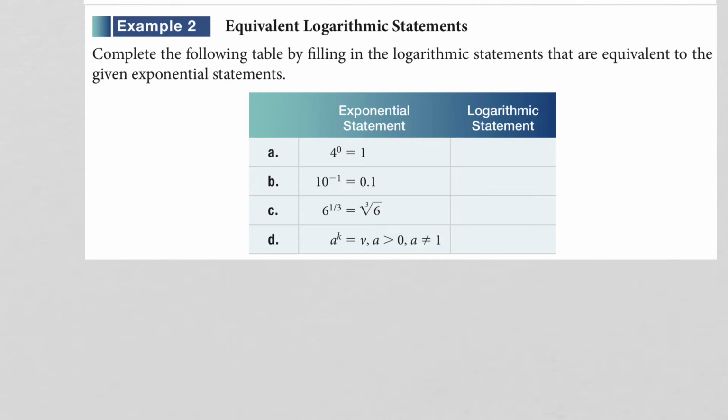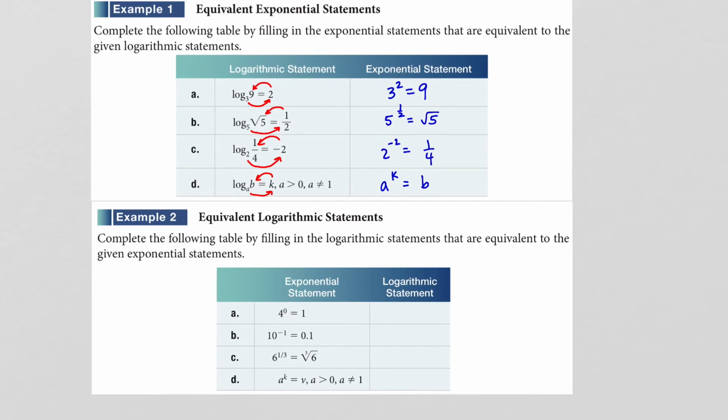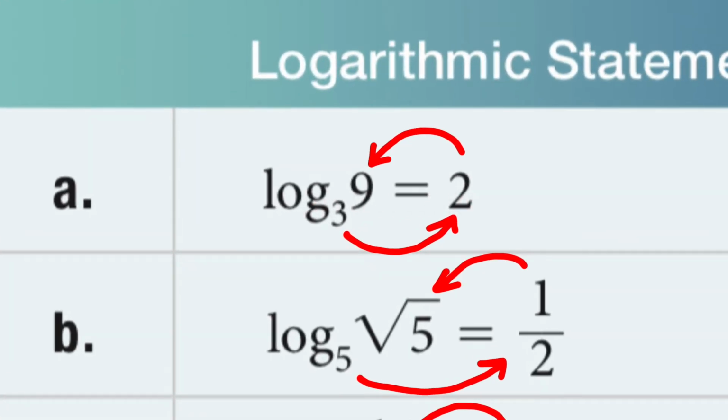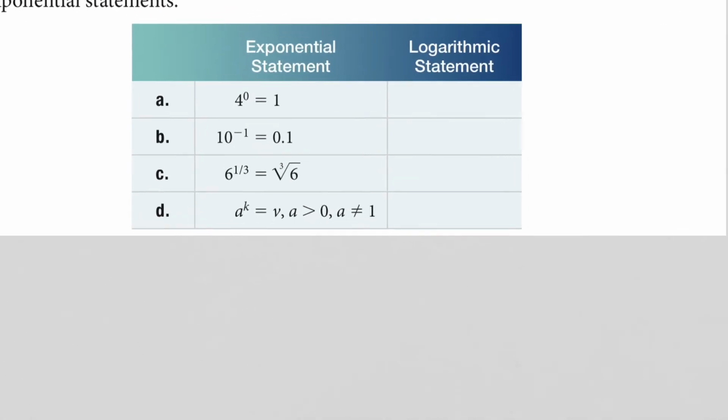And that's the number that you're going to see on your logarithmic statement. So remember, your logarithmic statement has a base, and then it has the number that you are taking the log of. The base is always this smaller number down below the logarithm. So let's keep that in mind as we do our conversions here.